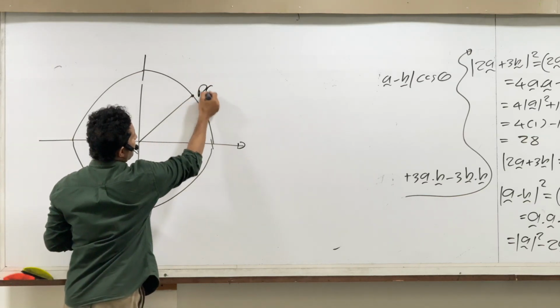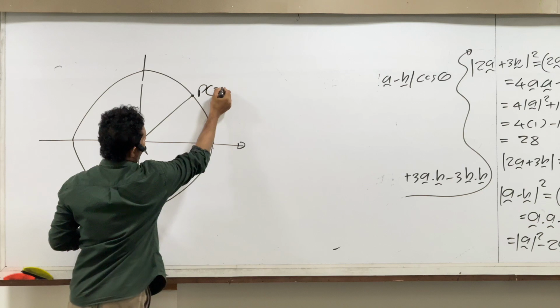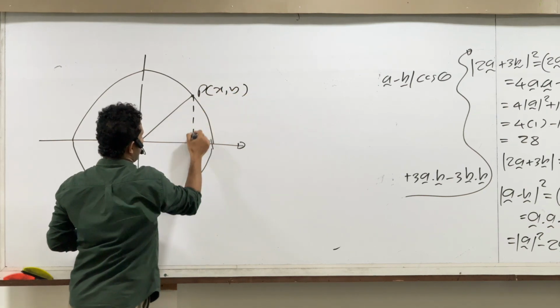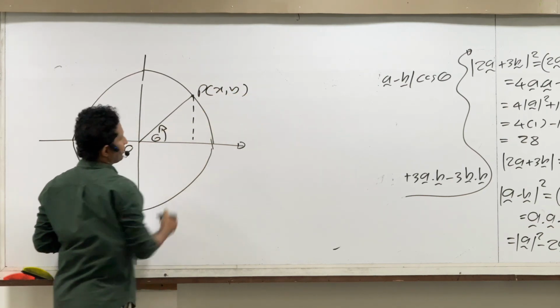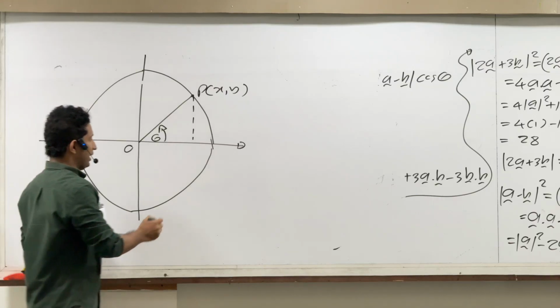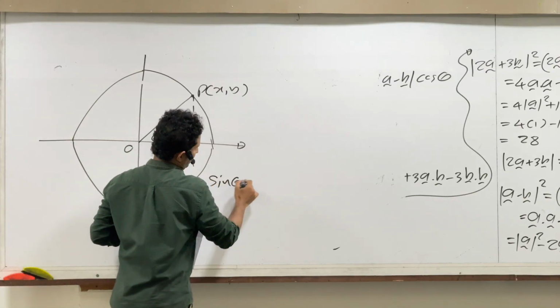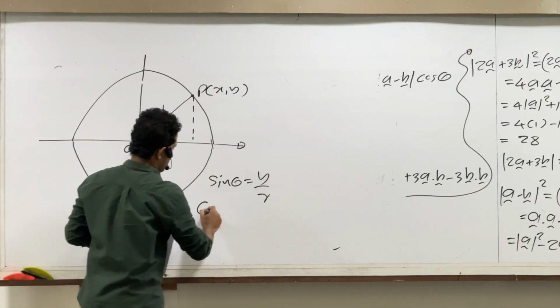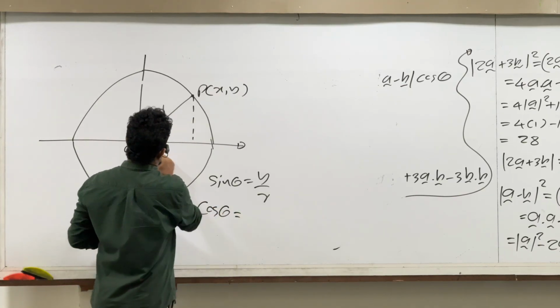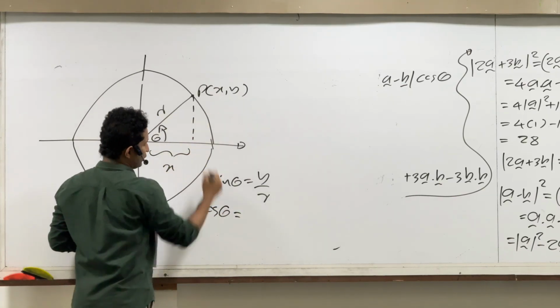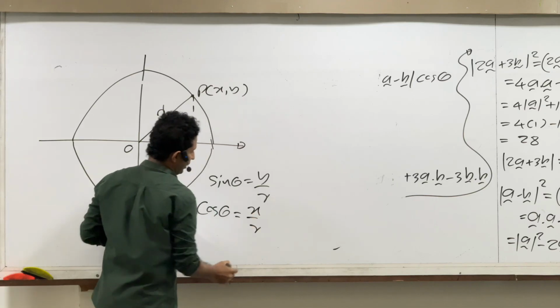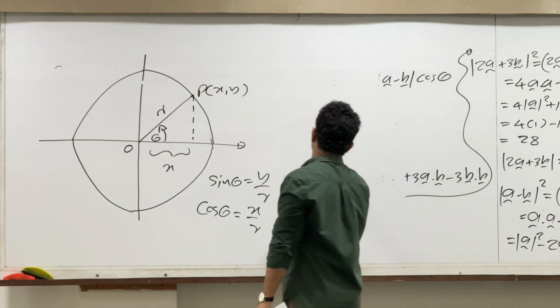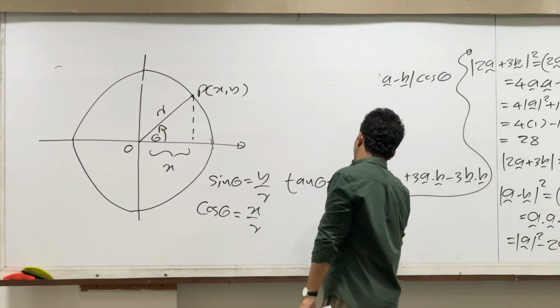When there is a variable point P here, and the coordinates are x and y, when this angle is theta, sin theta is y divided by r, and cos theta is, you know this is x and this is y, cos theta is x over r, and tan theta is y over x.